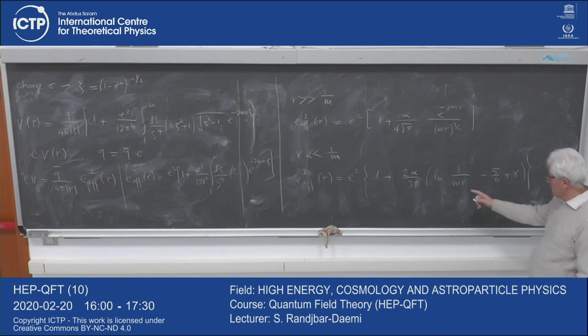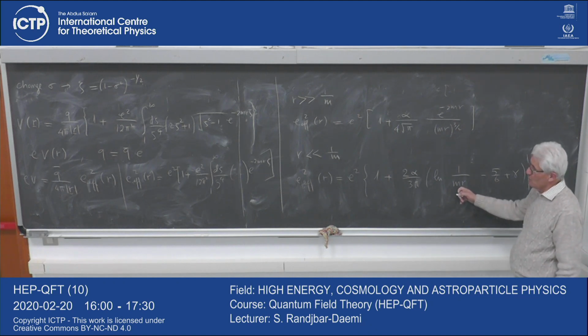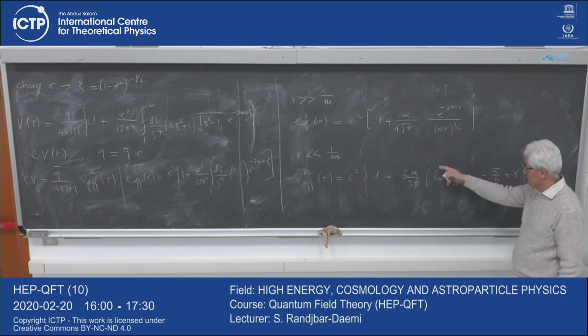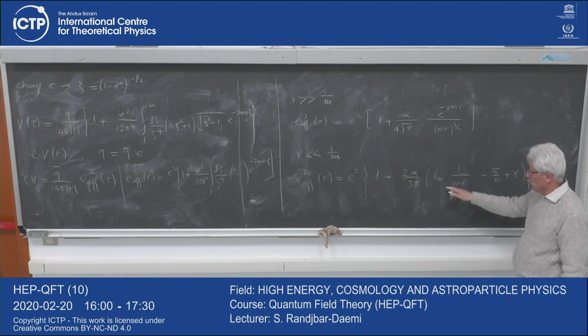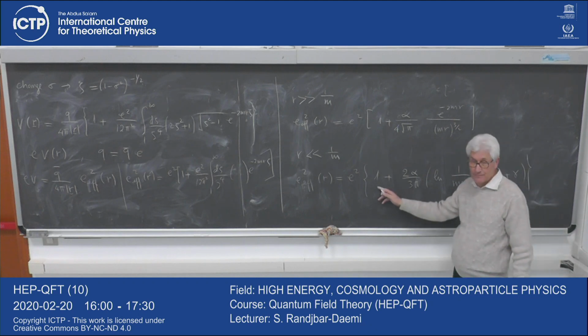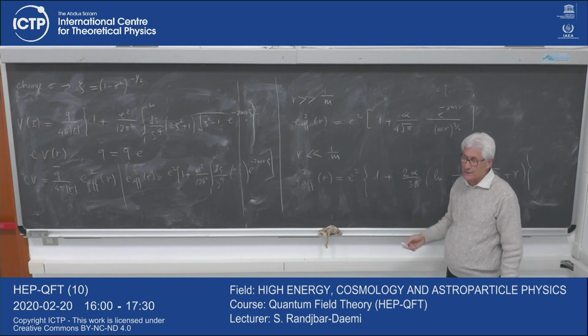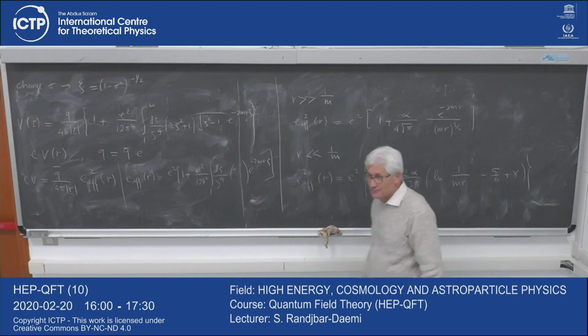Obviously, when mr is much smaller than 1, or r is much smaller than the Compton wavelength of the electron, this term becomes large. Okay? So it doesn't matter what you have written here. There will be a distance at which the correction will overtake the leading term. Then you will understand that the approximation doesn't work.